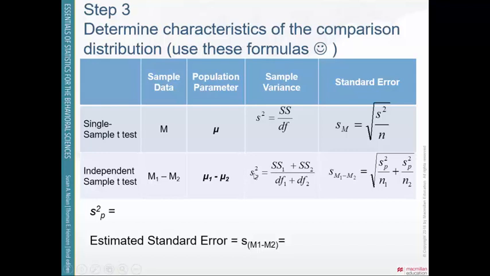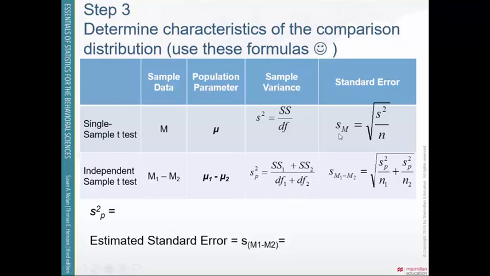And now for our pooled variance, this is the symbol for pooled variance. We now take sums of squares for group 1 plus sums of squares for group 2. So it's the same as this, but now we've got two groups, over degrees of freedom for group 1 plus degrees of freedom for group 2. So it's really just taking this formula and expanding it for two groups.